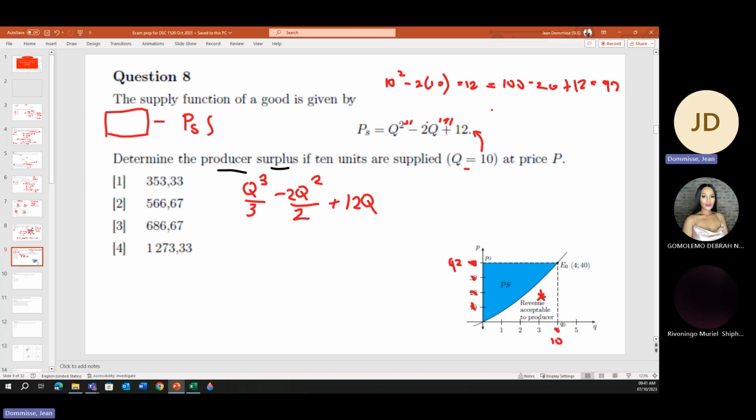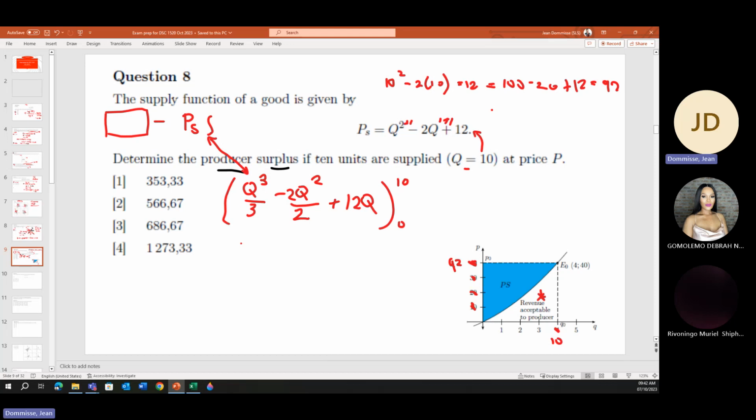We're not going to add c, because when we put in 10 and 0, c will automatically fall away. So basically we will now work here with 10 and 0. With that, we will put 10 into Q, get the area, then subtract the zero. So let's quickly see how we're going to work that out.